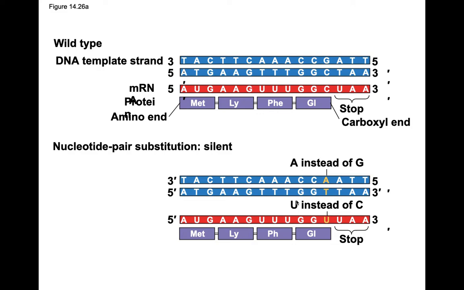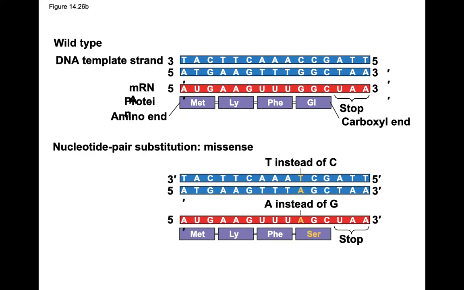And this generally occurs in the third nucleotide, which we often call the wobble nucleotide, because the codon GGU and GGC both code for a glycine. However, if we have a change in the first or second nucleotide, that almost always results in a missense mutation, where we have a completely different codon, AGC versus GGC, so we make a serine instead of a glycine.